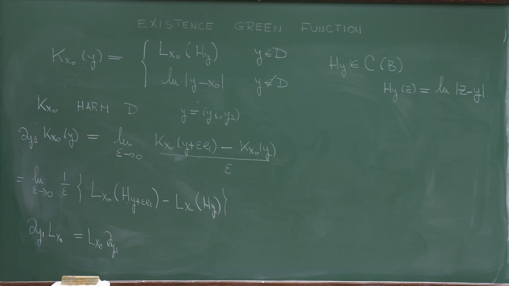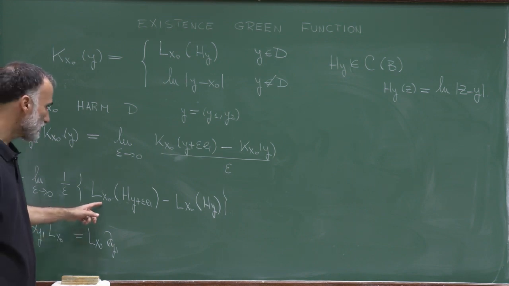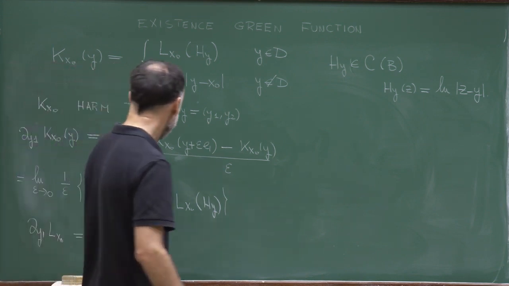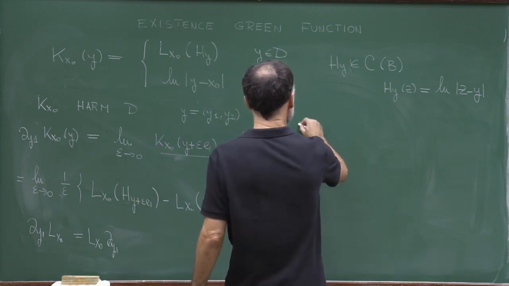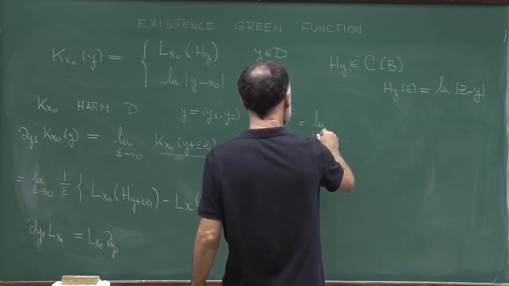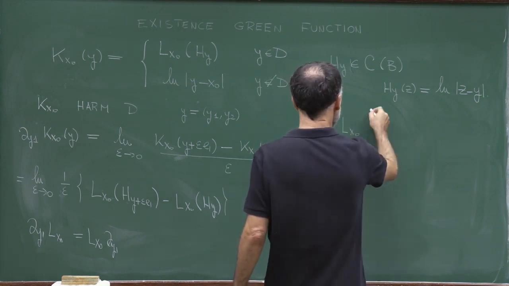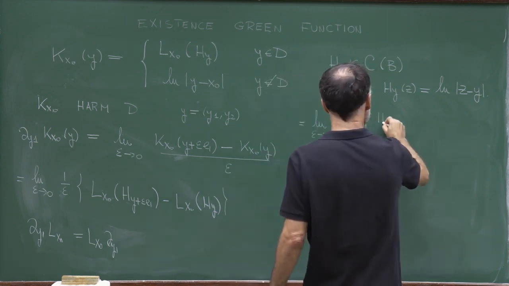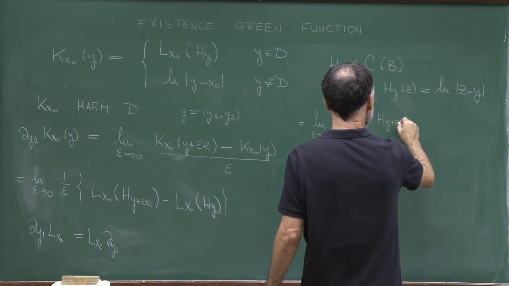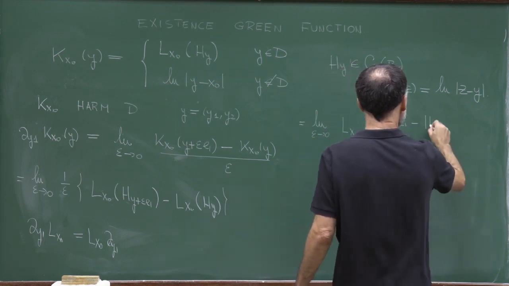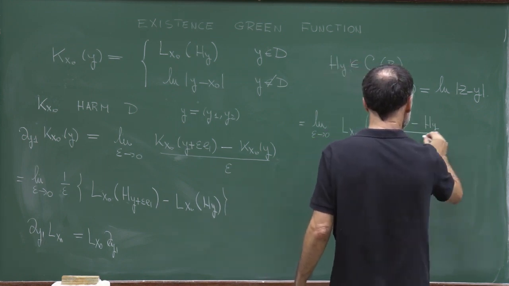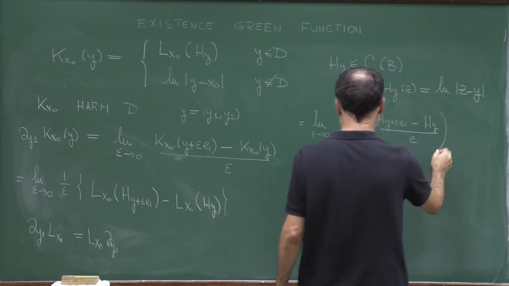So the first observation here is that Lx0 is linear. So I can rewrite this limit as the limit as epsilon goes to 0 of Lx0 of (h(y plus epsilon e1) minus h(y)) divided by epsilon.